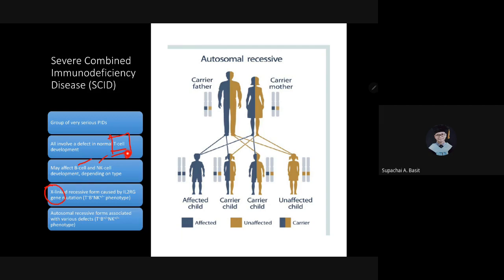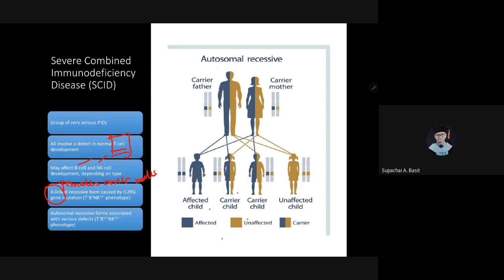So again, when we say X-linked, primarily a defect in X chromosomes, so majority of the females would be carriers, while males would be affected. I have already explained why so. And then for autosomal recessive, both male and female could be carriers.